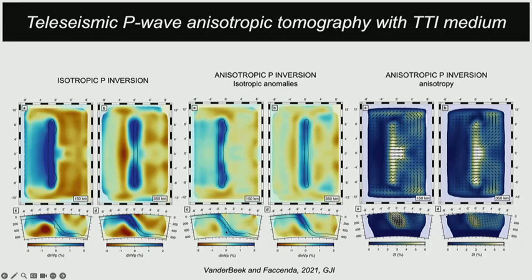So here the artifacts get attenuated, we still get some indication about the shape of the slab, and also we get the P-wave anisotropic field. So these are the P-wave fast directions, which tell us the fabric at depth, and with this indication we can reconstruct the evolution of the system.